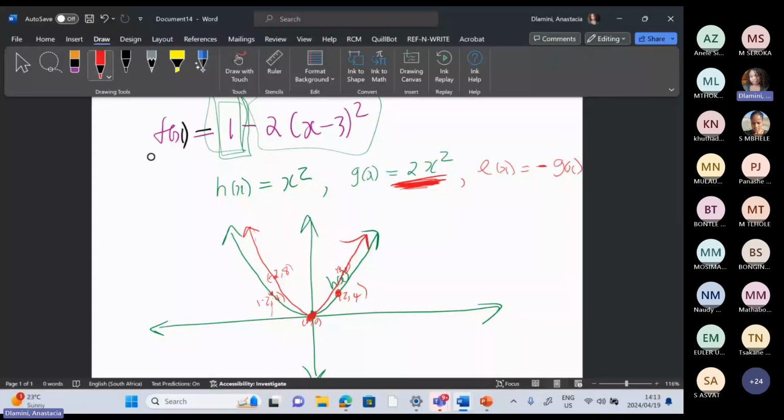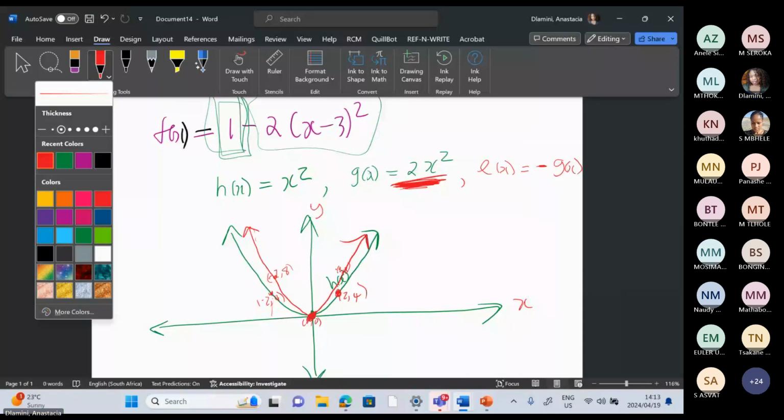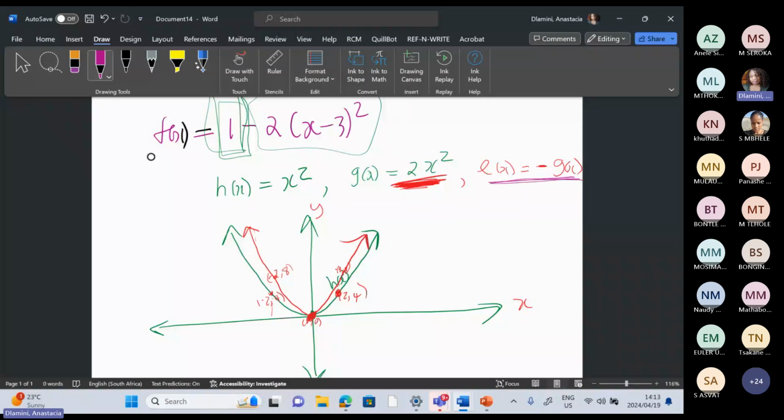The y-axis. And when the y is changing sign, what are you doing? You are reflecting about what? X-axis. Meaning that your red graph comes like this.